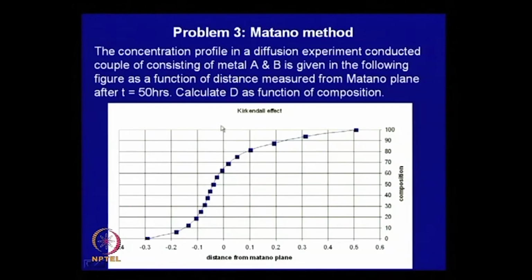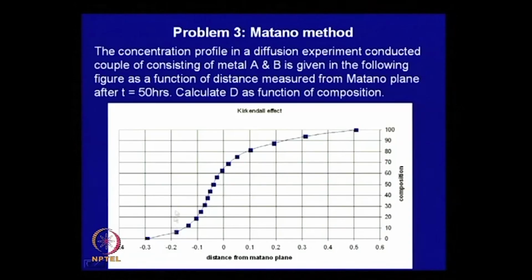Even if you consider that this is the Matano interface, where this area and this area are equal, the curve is not symmetric. So, looking at this concentration profile, it is possible to conclude that the interdiffusion coefficient in this case is going to be a function of composition.